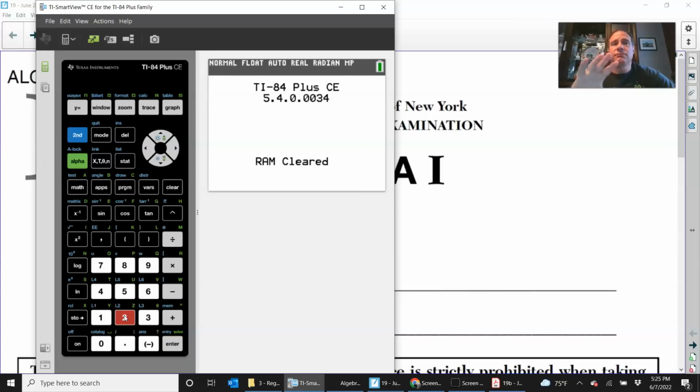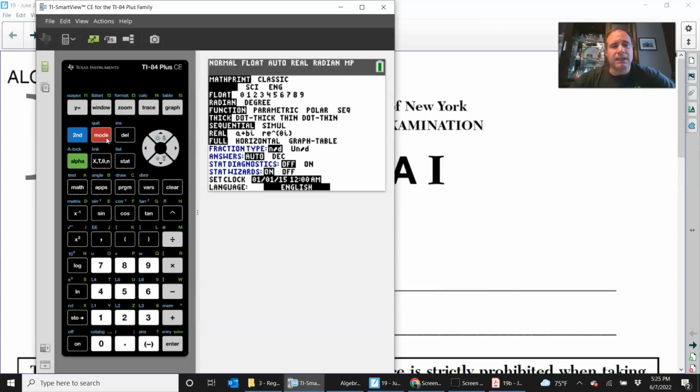I'm just telling you right now to go to mode, and you are going to turn stat diagnostics on. Trust me, just turn it on. Once you reset the calculator, by default it goes to off.